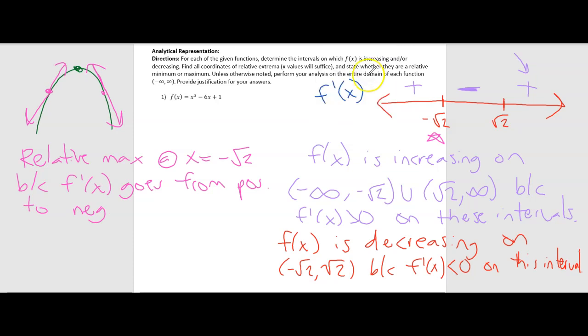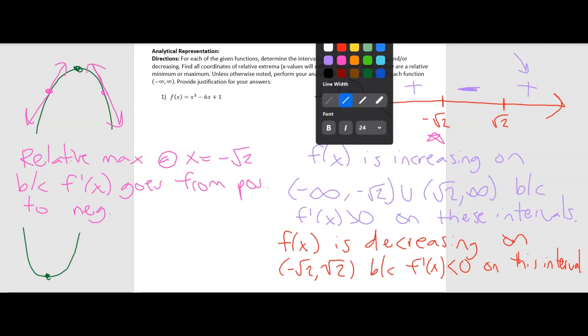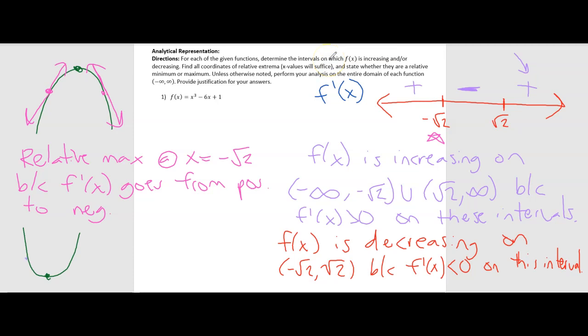Same thing for relative minimums, except it's the opposite. If we have a relative minimum, our derivative will go from negative, our tangent line slope is negative, to positive. The slope of the tangent line will be positive on the other side. And that occurs at x equals root 2.